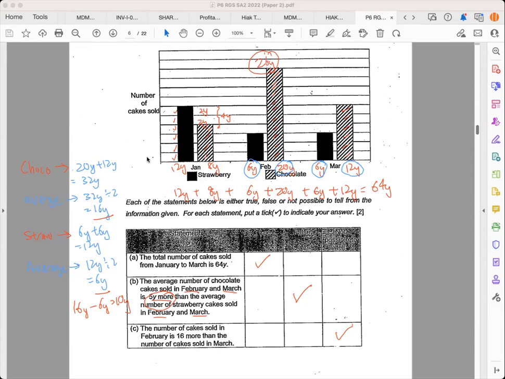In March, it's 6 plus 12, so it's 18y. Indeed, the cakes sold in February are more than in March. But to know whether the difference is exactly 16, we wouldn't know, because we do not know the value of y. So that is why it is not possible to tell.